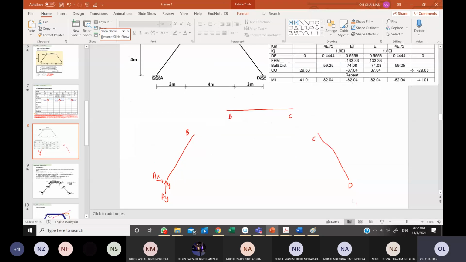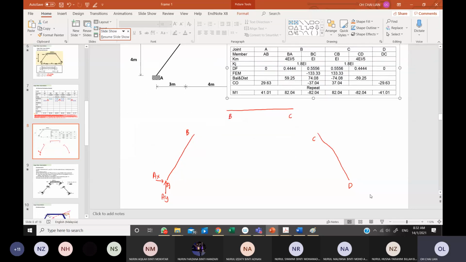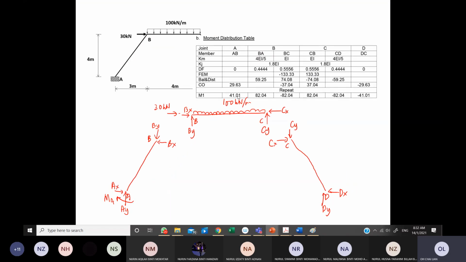Okay, so if you can see that, the first M1 is 41.01, which is positive, means that we are going to draw it clockwise. So MAB here, we already know the value, 41.01, and it should be acting clockwise.